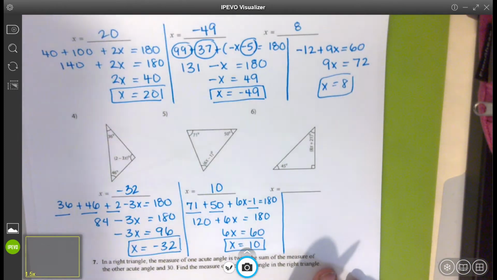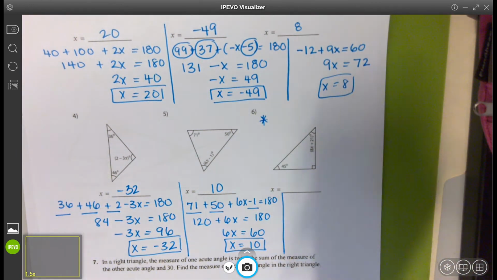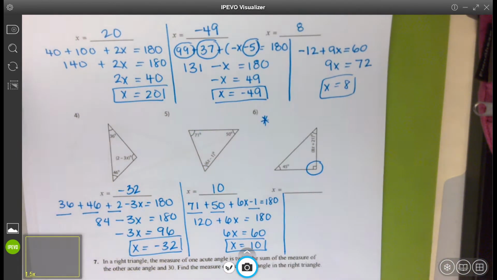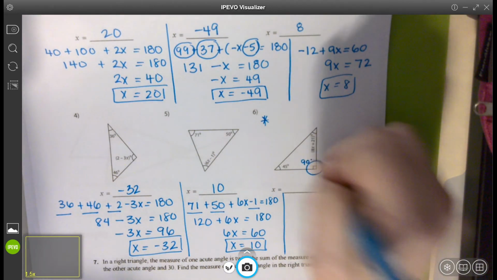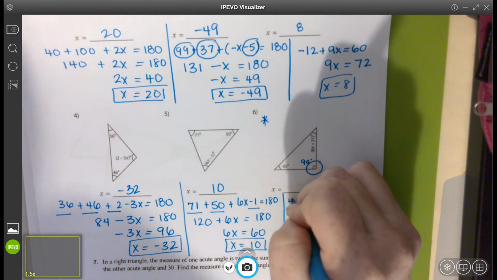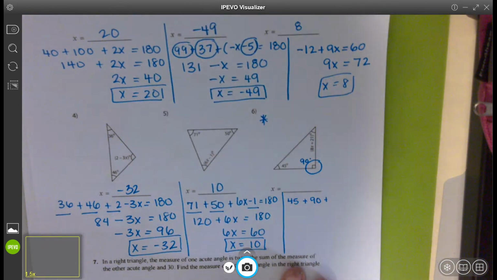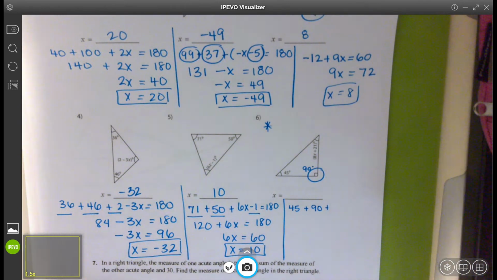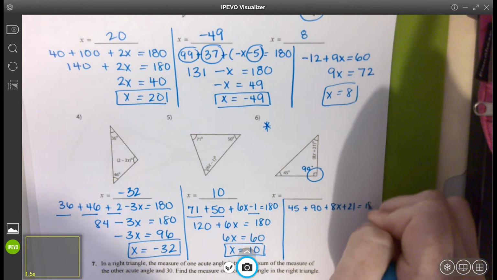Last one, I'm going to put a star on this one. So in this problem, the first thing is I see we have a right angle. So you should know that there is a 90 involved in this problem. All right, so now to create our equation, we have 45 plus 90 plus 8x plus 21 equals 180.